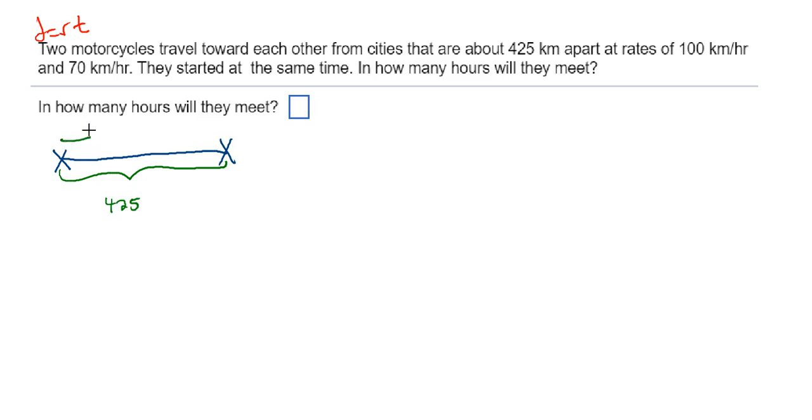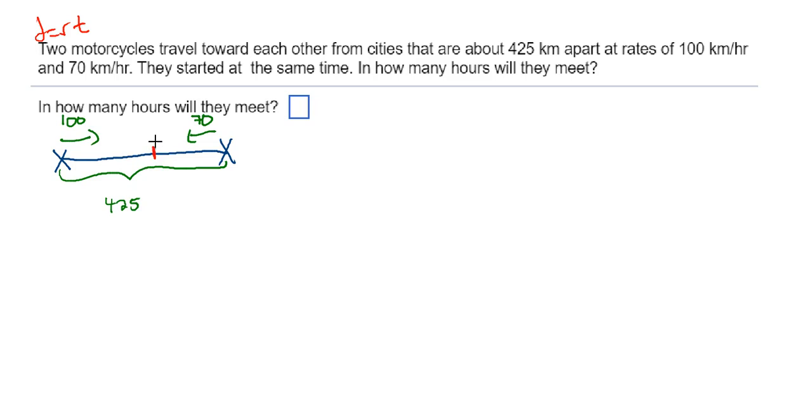The first person on their motorcycle is going 100 miles per hour or kilometers per hour, or whatever you want to call it. The second person is going 70. That's their speed. They start at the same time. And in how many hours will they meet? Now, they won't meet exactly halfway in the middle because this person's going faster. He or she is going to get further along before they actually meet.